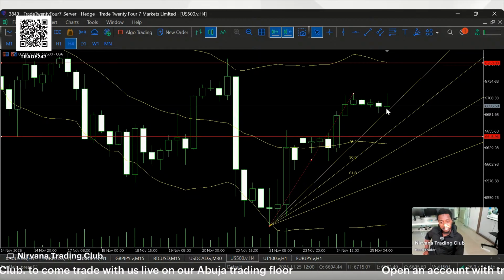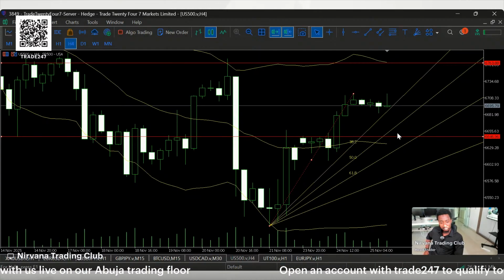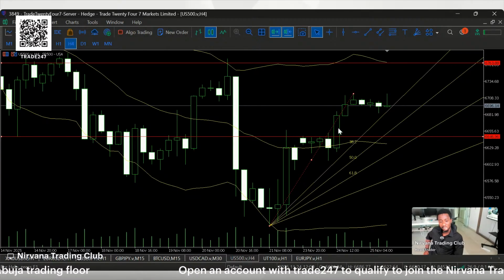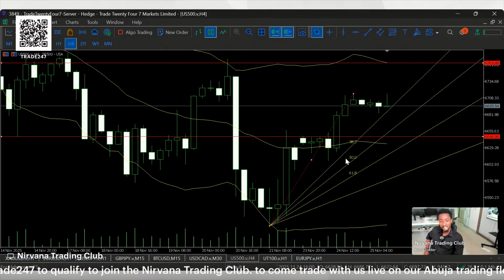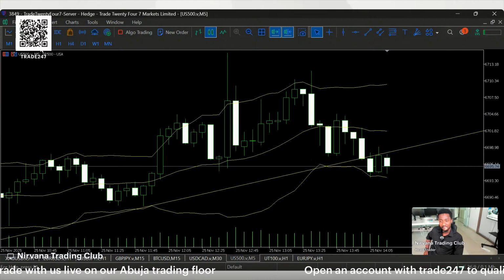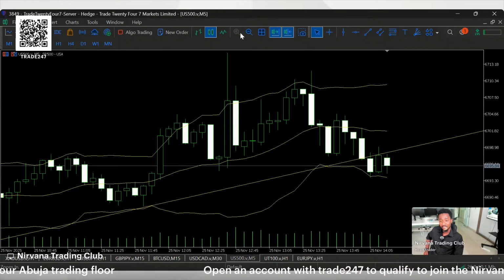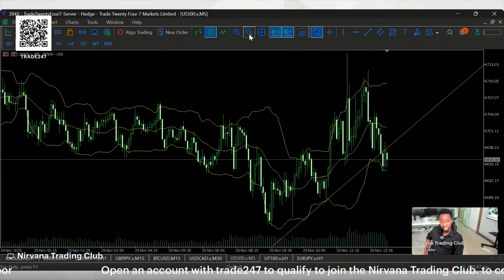Let's see if price is going to retrace into this level to give us a very good risk to reward. Have our SL somewhere below this, and again make sure you are planning towards the lower time frame, the 5 and the 15 minutes time frame, so you don't just jump in on anything.